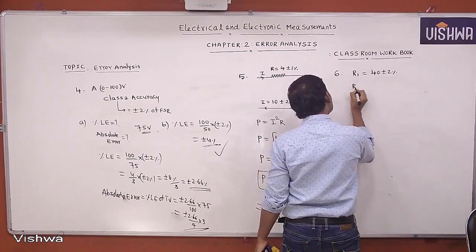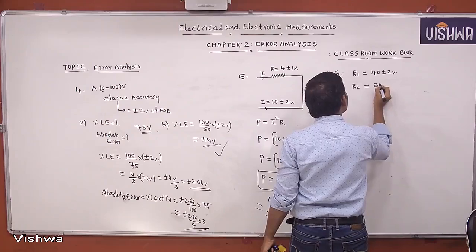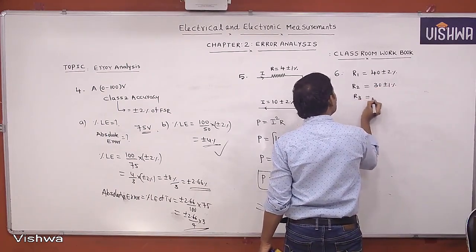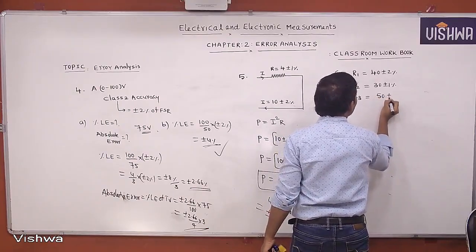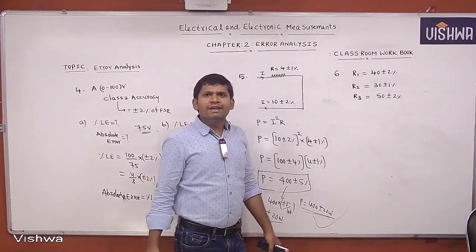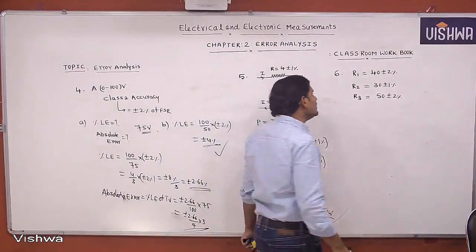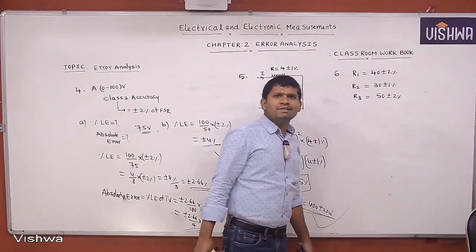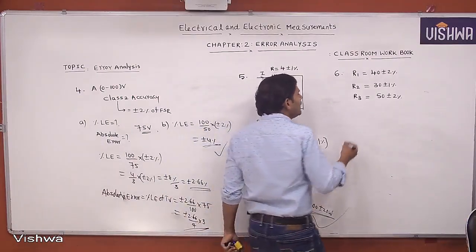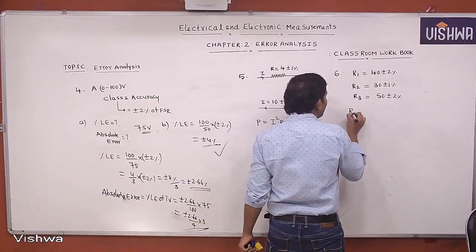R2 equal to 30 plus or minus 1%. R3 equal to 50 plus or minus 2%. They are connected in series. Then the resultant resistance equals dash. This is the question asked: what is the resultant resistance if the three resistances are connected in series?